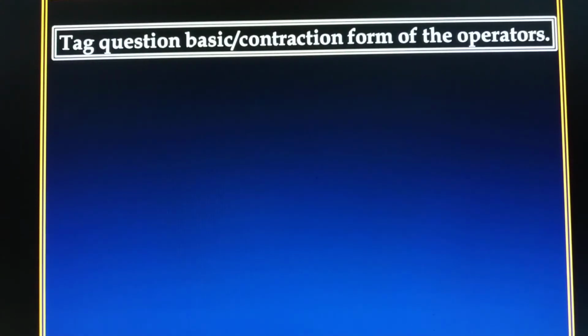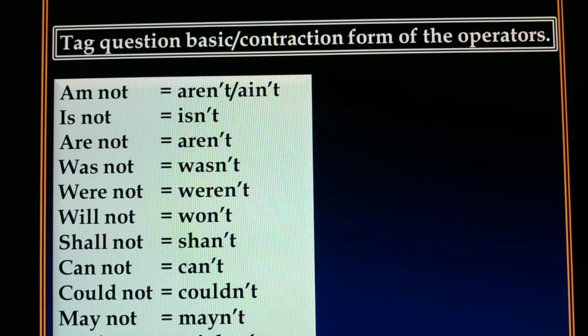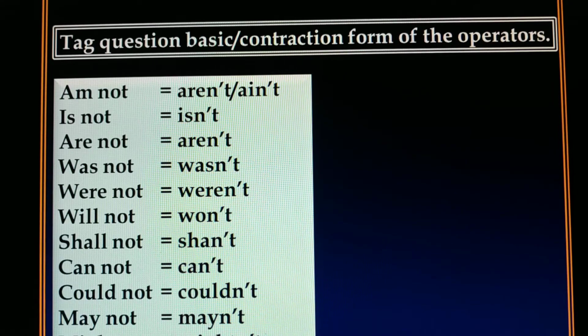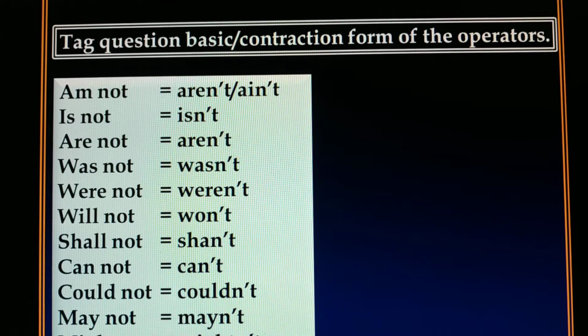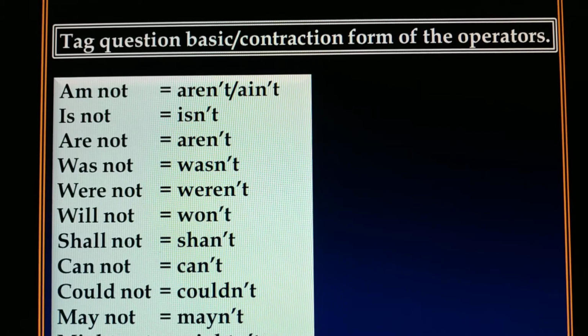Tag question: basic or contraction form of the operators. Look at the contraction form. Dear students, you have to remember one very important thing: in tag questions we use the short contraction form of the auxiliary verbs. Here you are watching: am not is aren't or ain't, is not is isn't, are not is aren't, was not is wasn't.